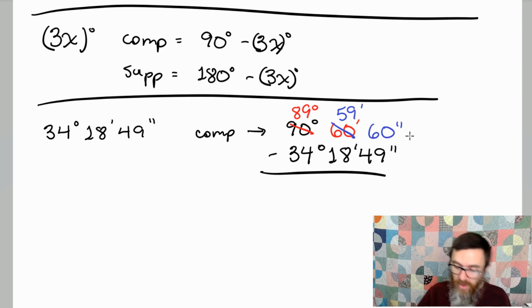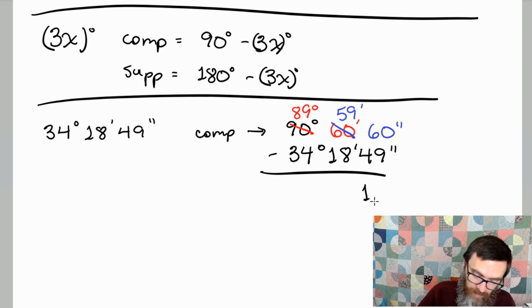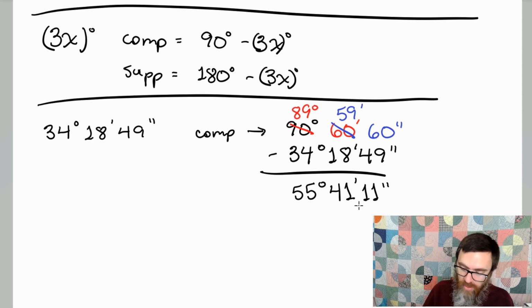Oh, sweet. Now I can do the subtraction without a problem. 60 minus 49 is 11. 59 minus 18 is 41, so 41 minutes. 89 minus 34 is 55 degrees. So that would be our complement.